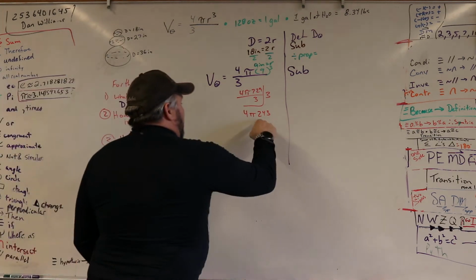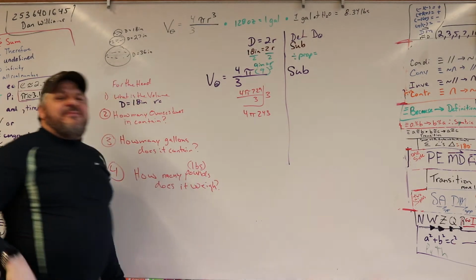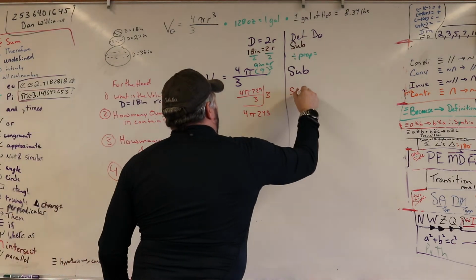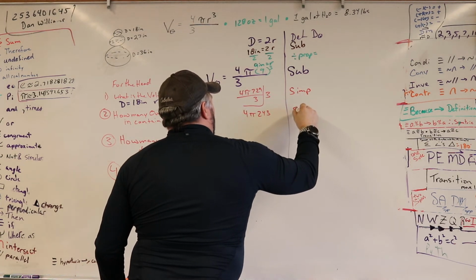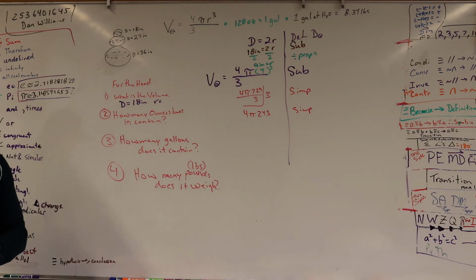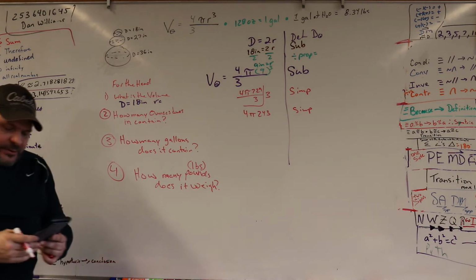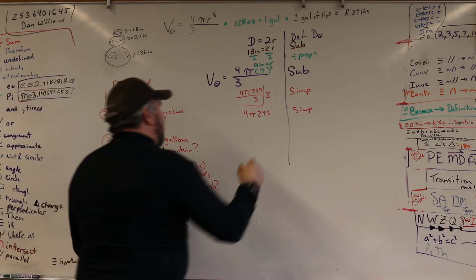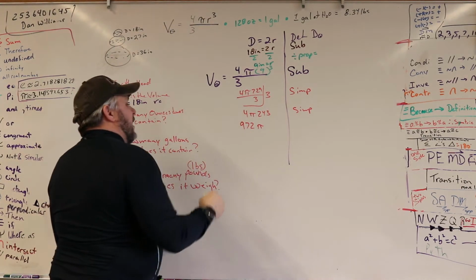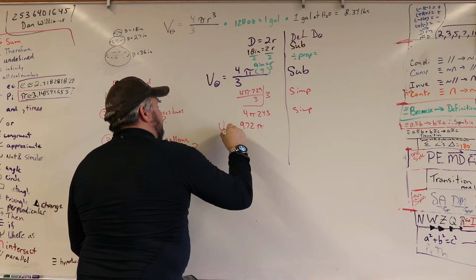But we're going to take this number now and multiply it by 4. It's all simplifying. So 243 times 4 is 972. So it's 972 pi, and that's the volume of our head.